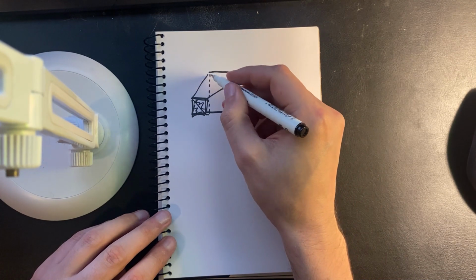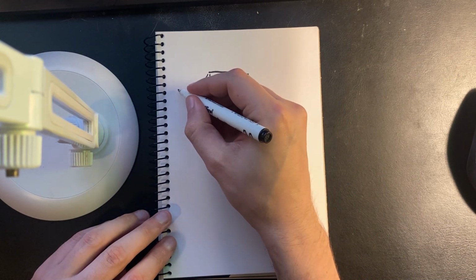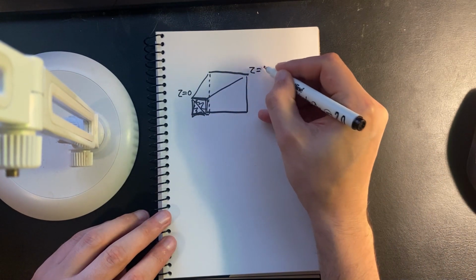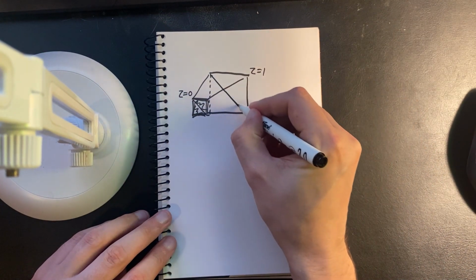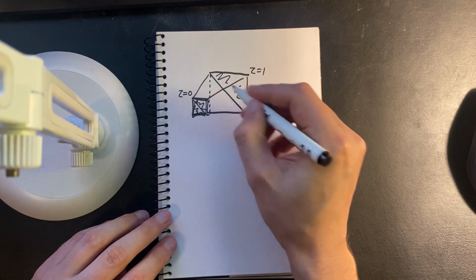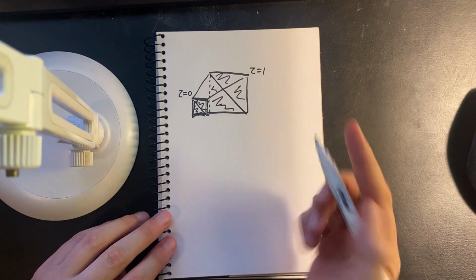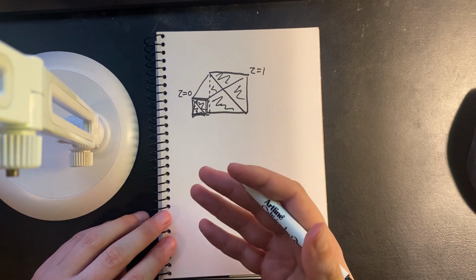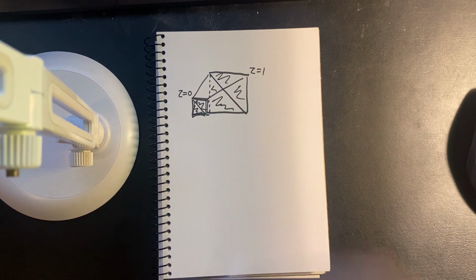So say this is z equals 0, depth equals 0, and this is the far plane, depth equals 1. What we actually do is render to the far plane by setting the Z coordinate to 1. That makes sure that what we draw to the screen is physically behind the scene when we render it.